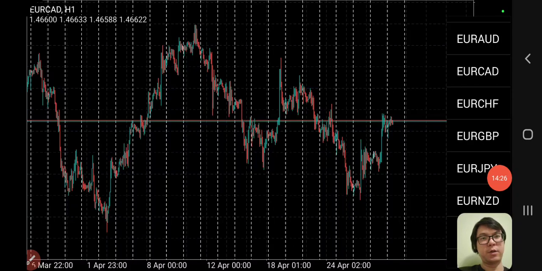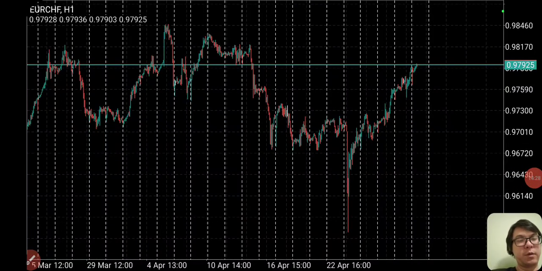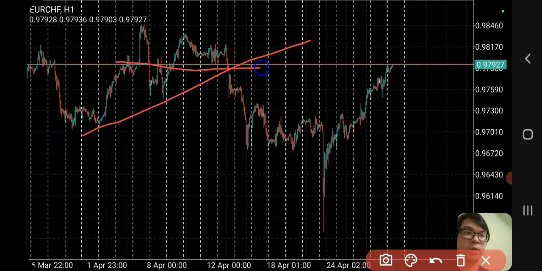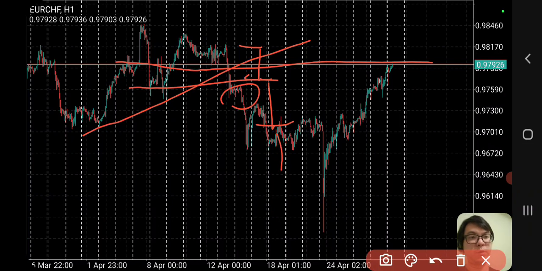Euro Swiss. This is a very good view for us to see our trend line break, and there's a resistance. Previously, we had one resistance right here, 1 to 1, 1 to 2, 1 to 3, 1 to 4 for the downside.